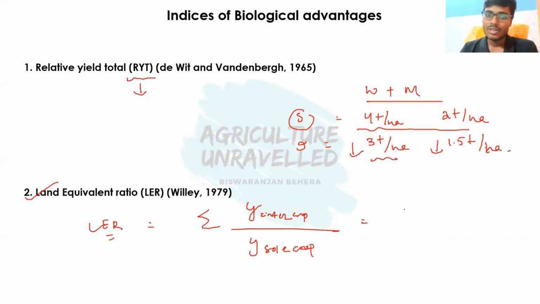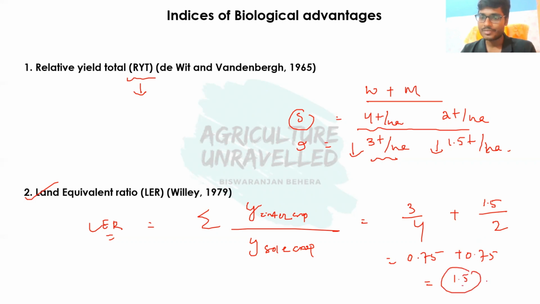So we'll calculate land equivalent ratio. In case of wheat it will be 3/4, and in case of mustard it will be 1.5 divided by 2, and it is 0.75 plus 0.75. So the answer is LER for this intercropping situation is 1.5.